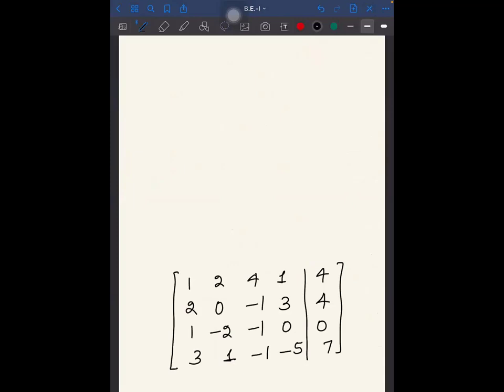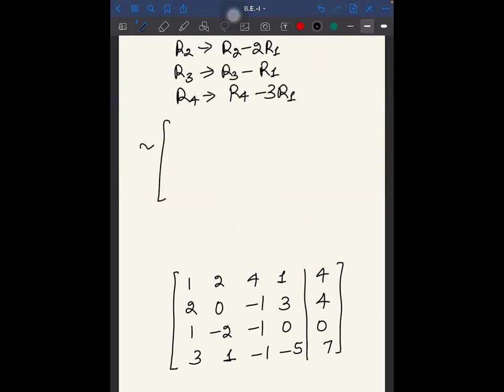We shall apply R2 minus 2 times the R1, R3 minus the R1, R4 minus 3 times the R1. So that will be what? So 1, 2, 4, 1, 4.